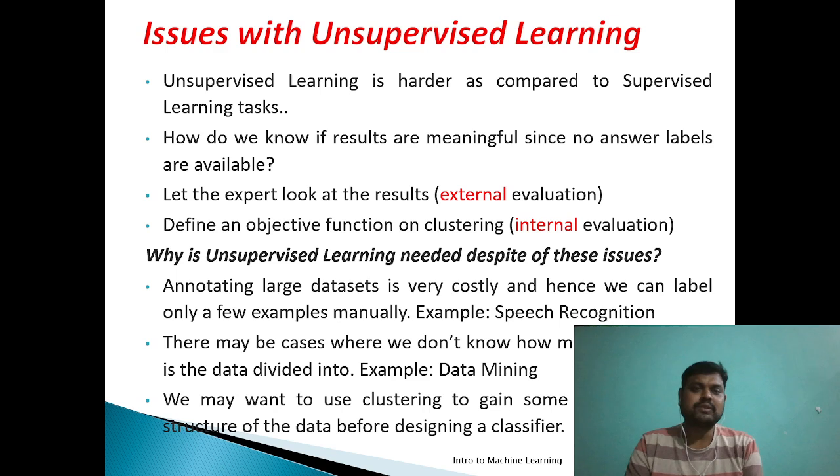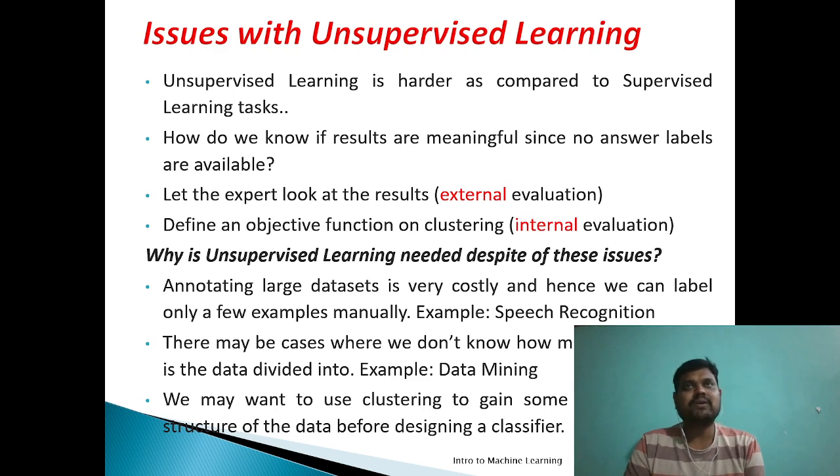Now, issues with unsupervised learning. Compared to supervised machine learning models, unsupervised machine learning uses raw data as the input. So building unsupervised machine learning is harder and more complex compared to supervised machine learning tasks, because supervised machine learning models use labeled data, right?